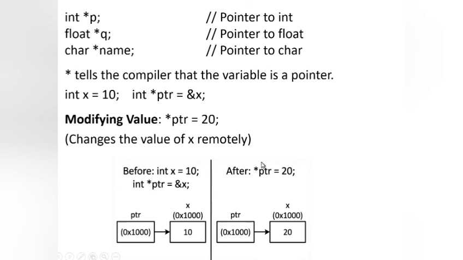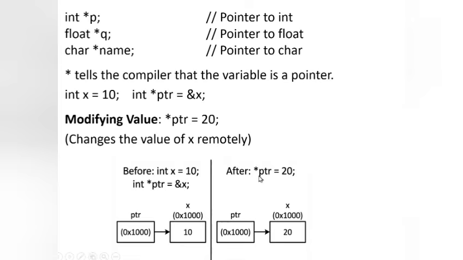Before executing *ptr = 20, the variable x has a memory location 0x1000 and it has the content 10. So ptr is a pointer which refers to the location of x. Now we are changing whatever value is referred to by ptr into 20.